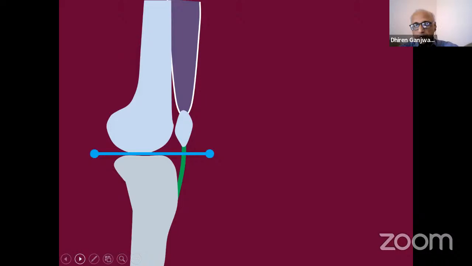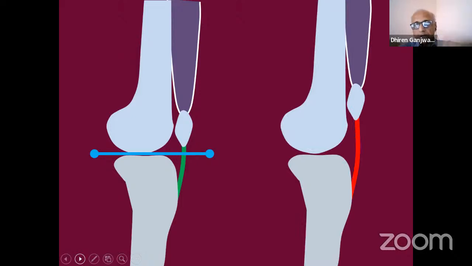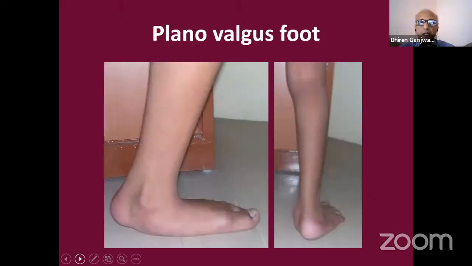If the inferior pole of the patella is within 1 centimeter of the joint line, I consider it a normal level patella and the length of the patellar tendon is normal. But if it is higher, then definitely there is a patella alta, and usually in cerebral palsy it's because of elongation or stretching of the patellar tendon.